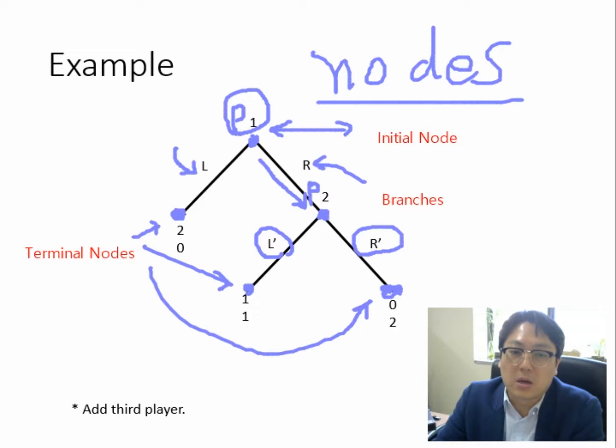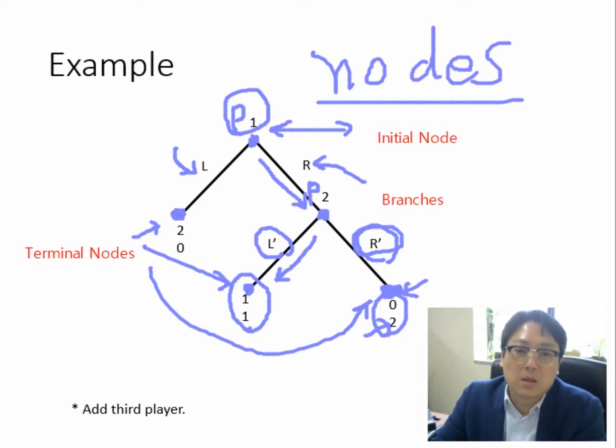If the second player chose L prime, then the game proceeds in this direction and the game ends. What they will get is 1 and 1 as a payout. If player 2 chose R prime, then they will get 0, 2. This is the first player's payout. This is the second player's payout.